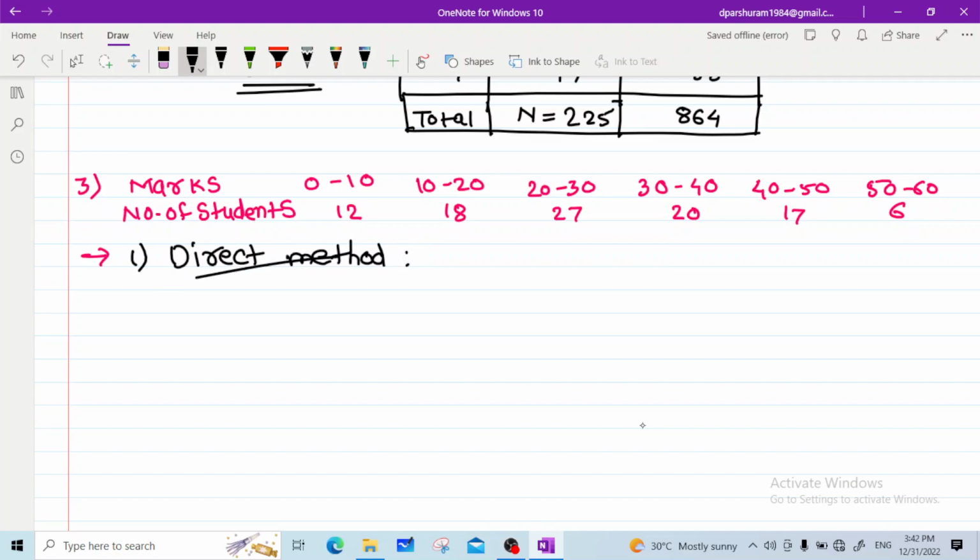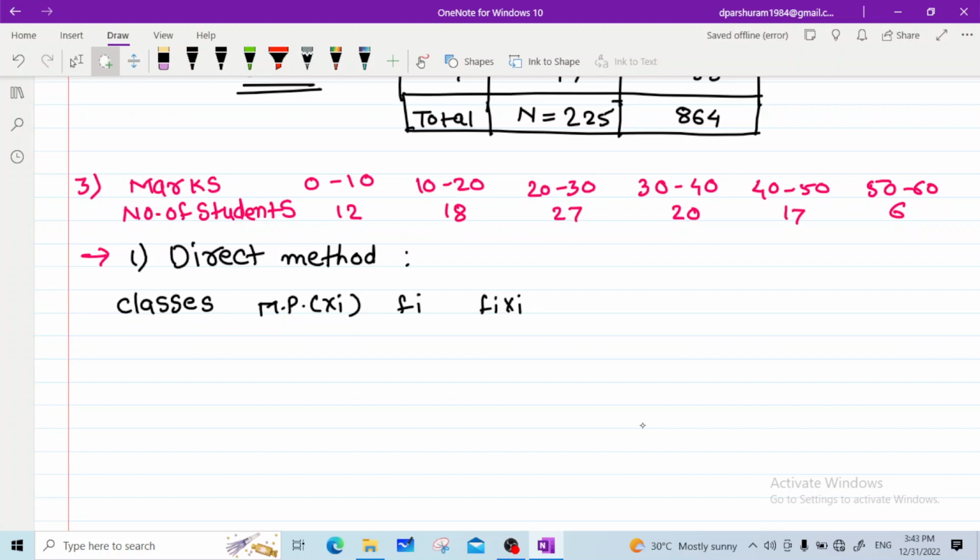First we construct a table with columns: classes, midpoint, which is denoted by MP, that is xi, their respective frequencies fi, fi xi.